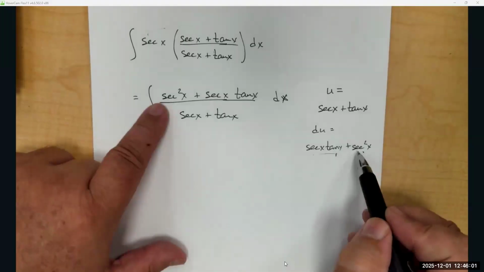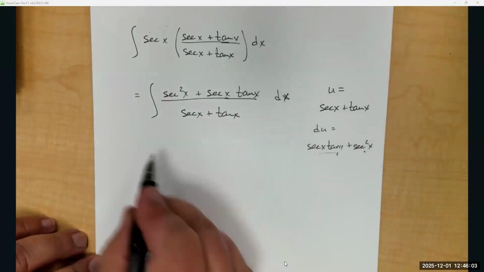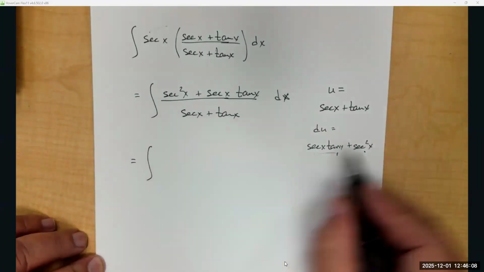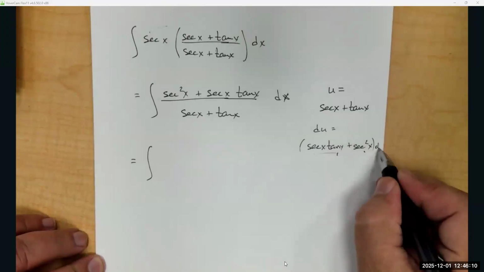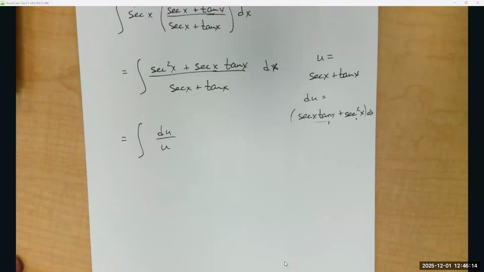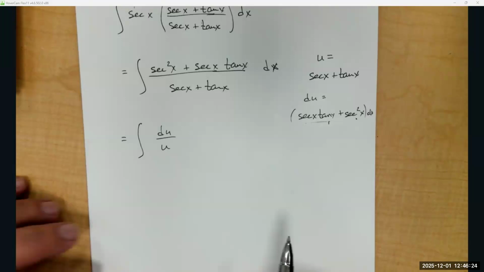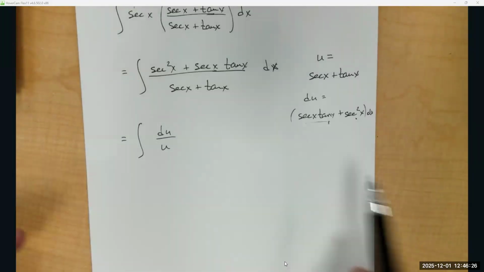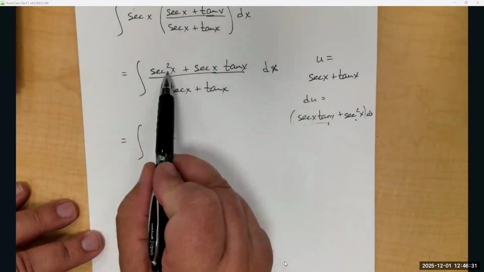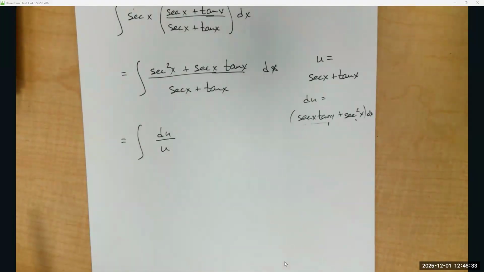Derivative of tangent is secant squared, which is what that is. So the top part is the derivative. So that's du, and the bottom part is the u. So whenever you have secant, remember what the secant and tangent derivatives are, because you have to expand them really big to get that. That's why we did the secant plus tangent, because we had to get secant squared in there somewhere.